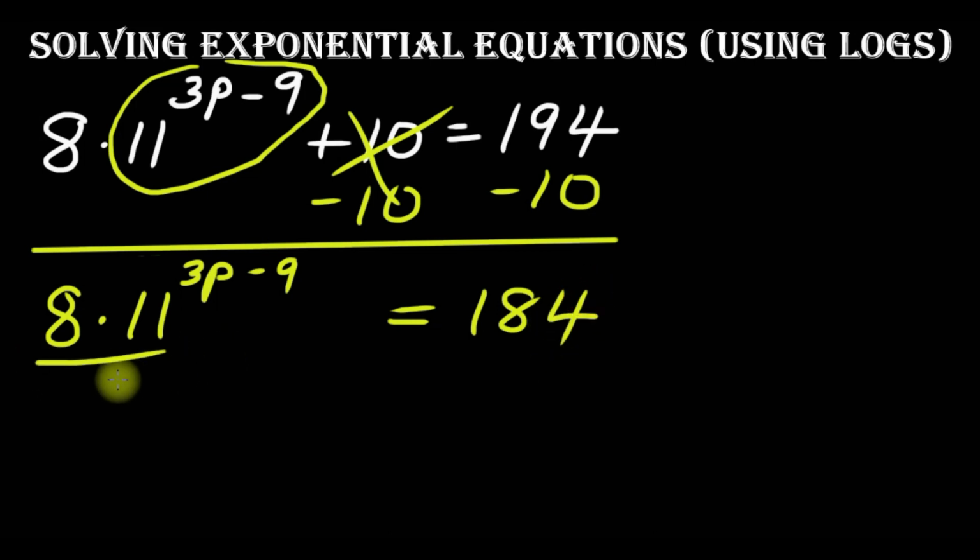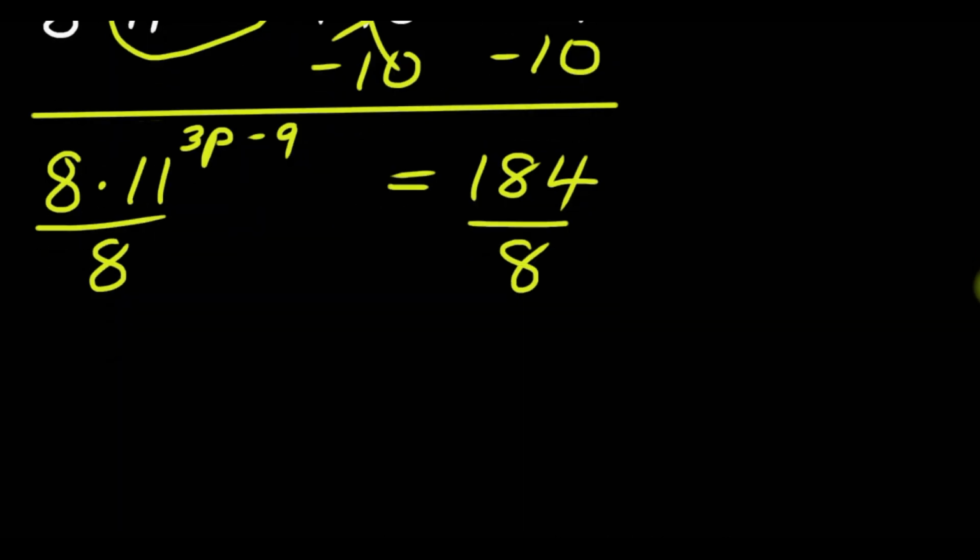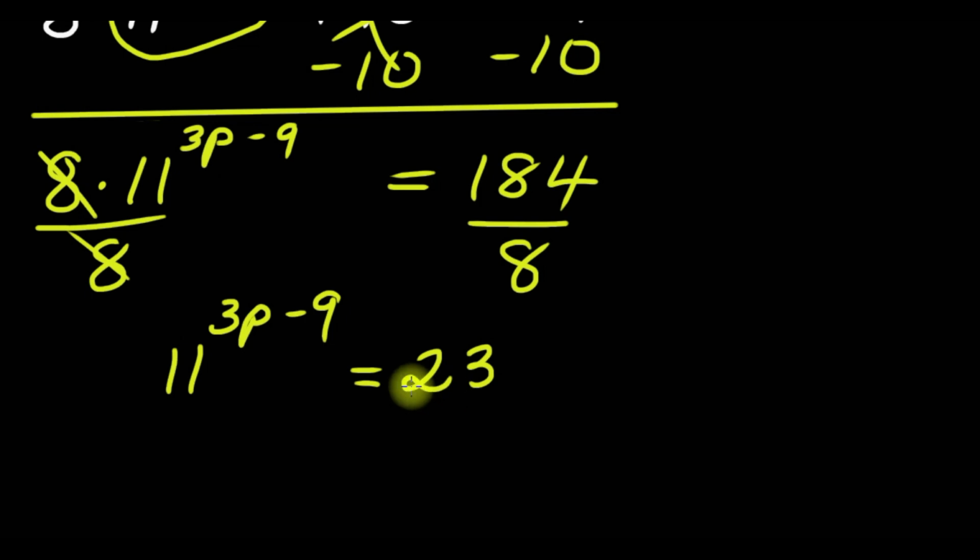And then divide by 8 to isolate the exponential expression. So these are gone, and you're left with 11 to the 3p minus 9. On the right hand side you have 23, since 8 goes into 184 23 times.